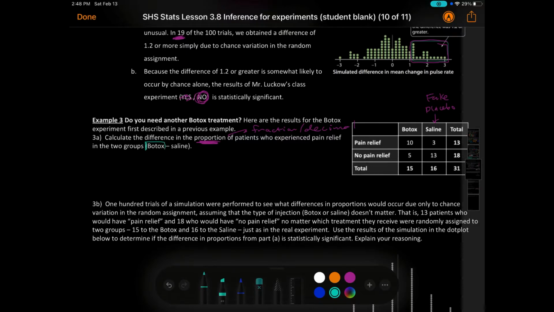So in our Botox, how many of those experienced pain relief? So the pain relief is here, so that would be 10 over how many people had the Botox, 15. And you'll subtract that by those who experienced it in the saline, so my orange box here, that would be 3 out of 16.